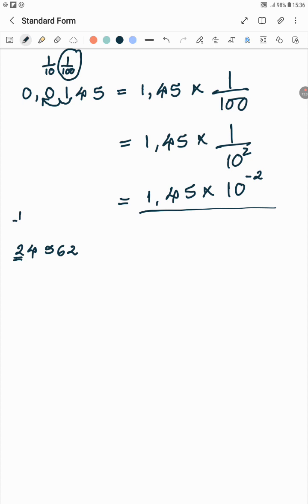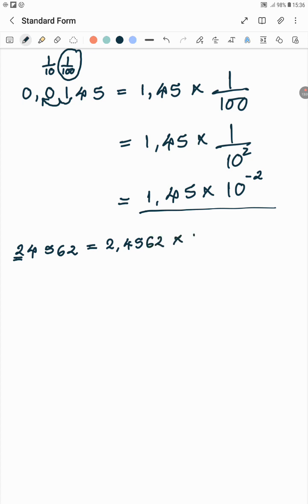And we have to make it a number greater or equal to 1 but less than 10. So in other words, what I'm saying is this 2 represents 10,000. So in other words, if you want to express it in standard form, we are saying 2, and we put your comma right after that 2, and say 4, 5, 6, 2.